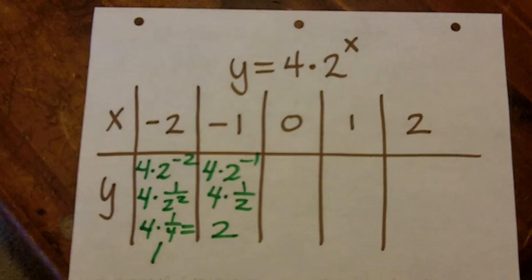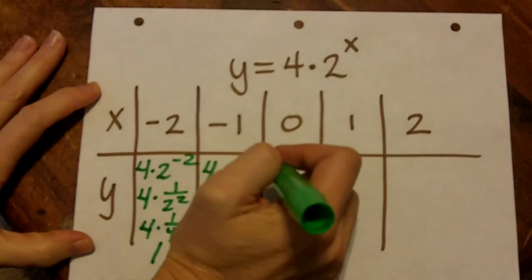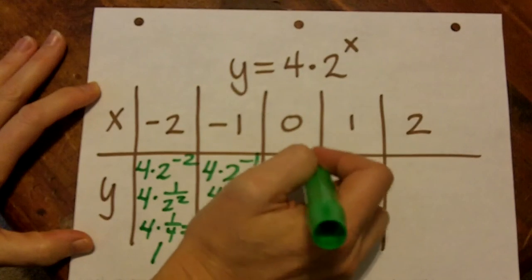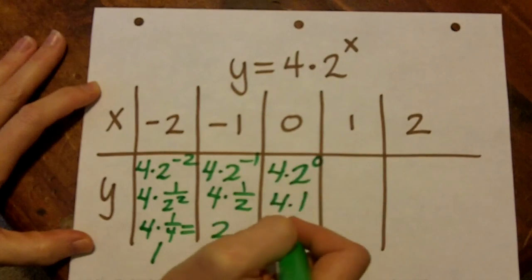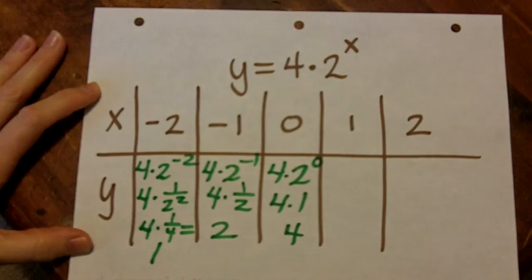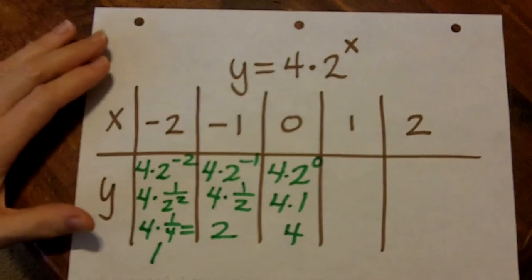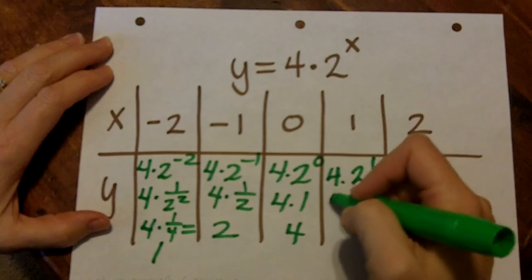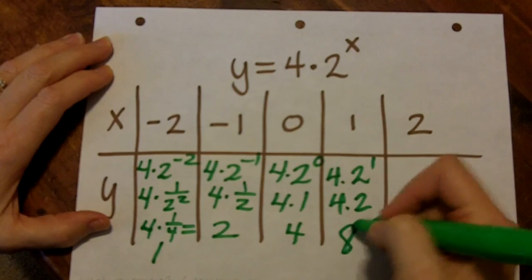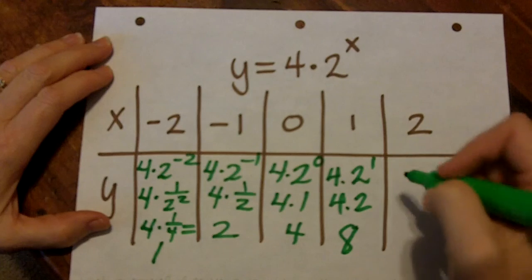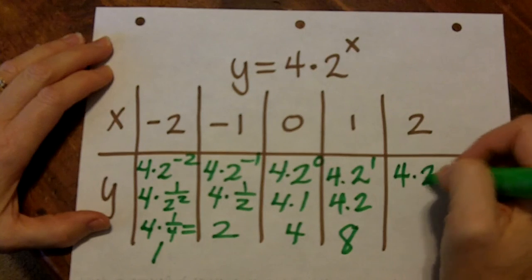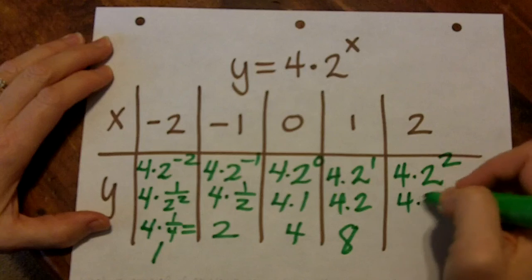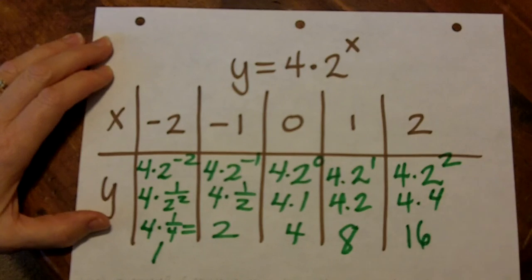The easiest exponent you'll ever run into is 0, because we know it's 4 times 2 to the 0, or 4 times 1, which is simply 4. If our exponent is 1, then we have 4 times 2 to the 1, or 4 times 2, which equals 8. And 4 times 2 squared is 4 times 4, which equals 16.